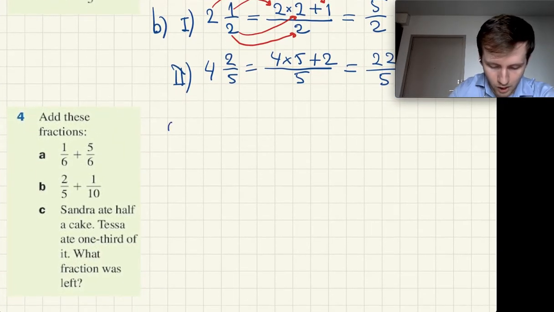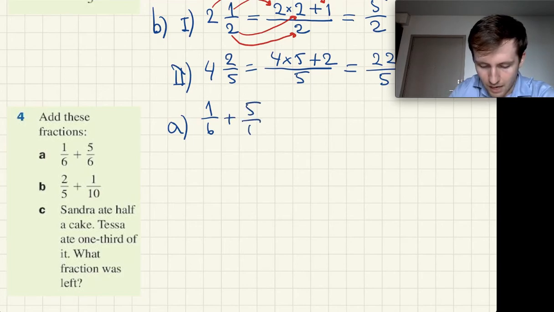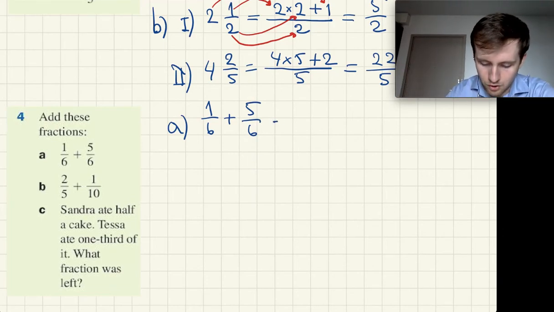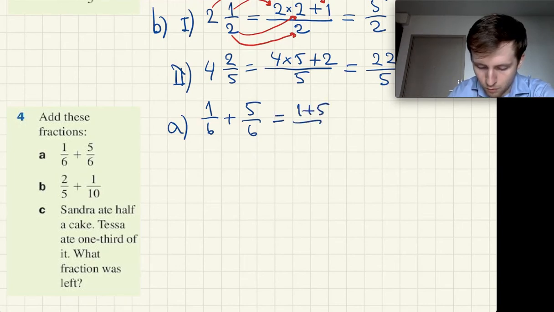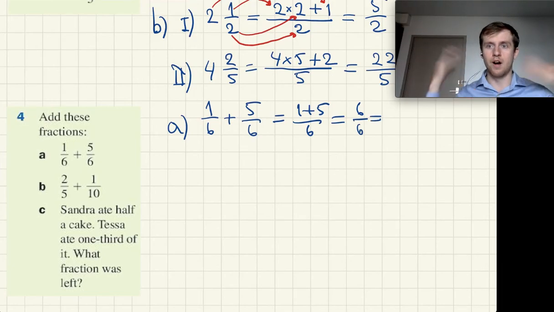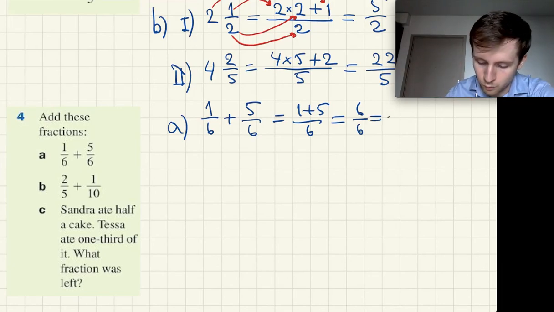So in A, we do 1 over 6 plus 5 over 6. That's easy. If they have the same denominator, we can just add them together without any hassle. So it's just 1 plus 5 over 6, which is equal to 6 over 6, which is the same as 1 actually. It's equal to 1.